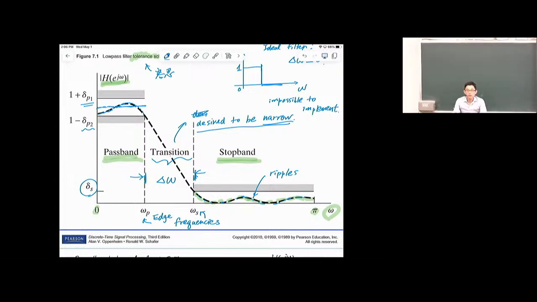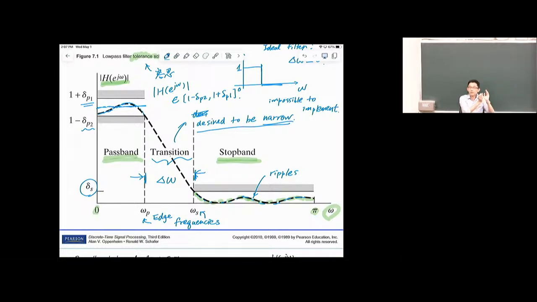Let's say we can tolerate our passband gain H of e to the j omega to be between 1 minus a small delta and 1 plus a small delta. As long as it falls in this small range, we are happy.